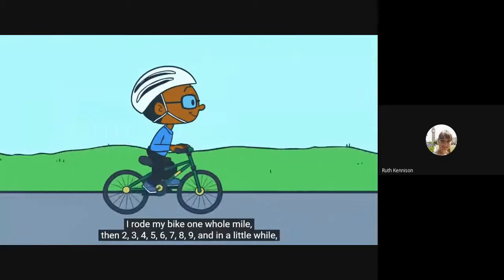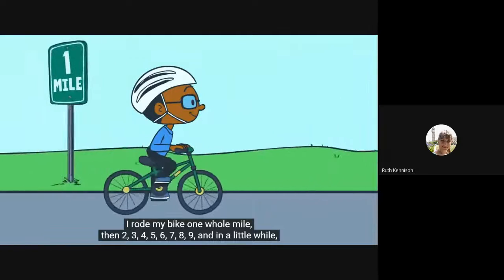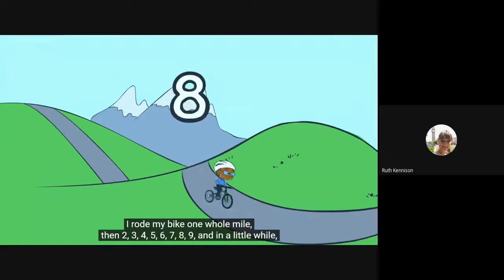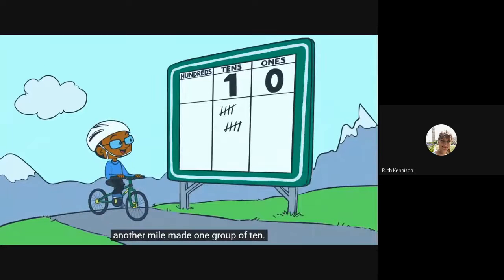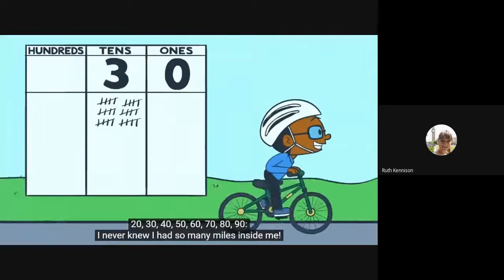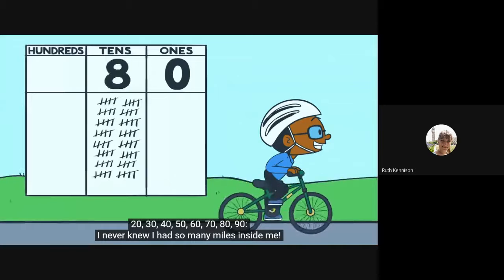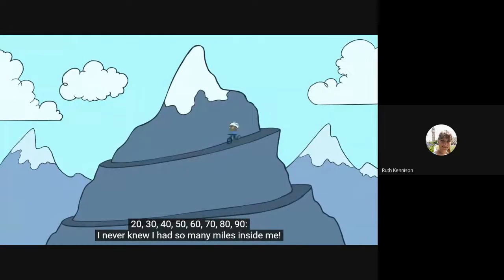I rode my bike 1 mile, then 2, 3, 4, 5, 6, 7, 8, 9, and in a little while, another mile made 1 group of 10. A little voice inside my head said, keep going, I know you can. 20, 30, 40, 50, 60, 70, 80, 90. I never knew I had so many miles inside me.